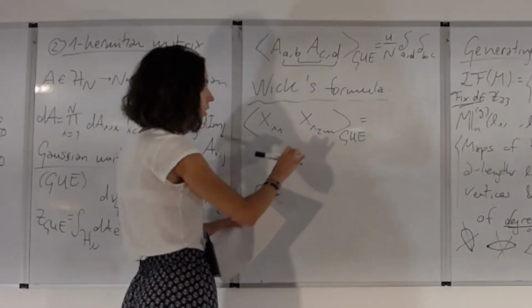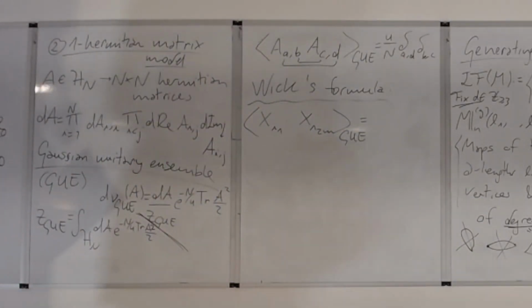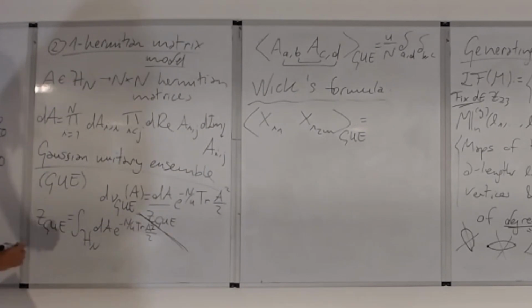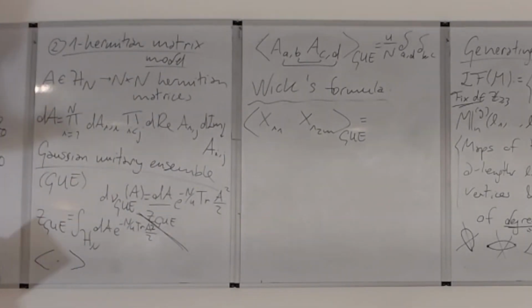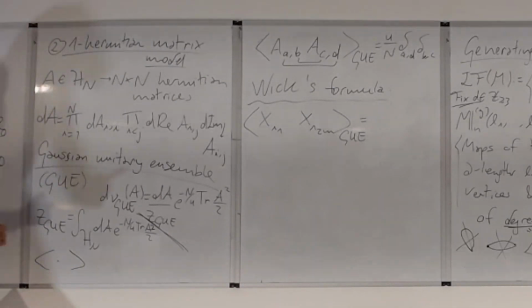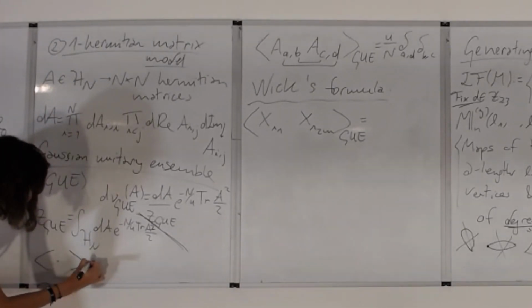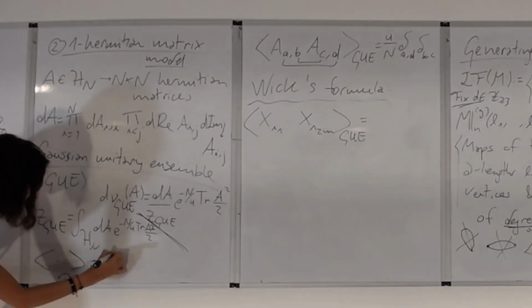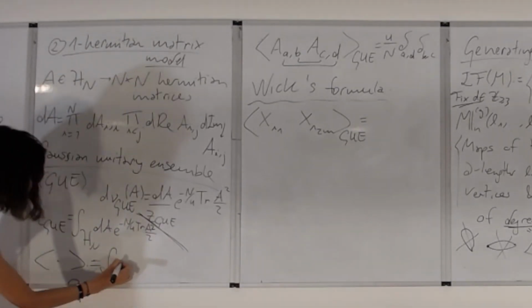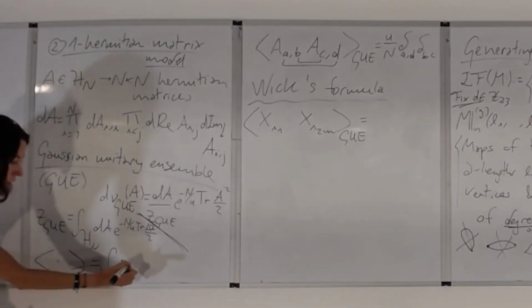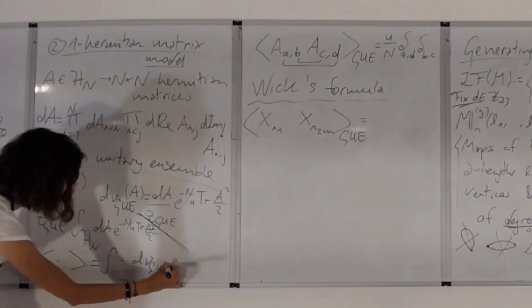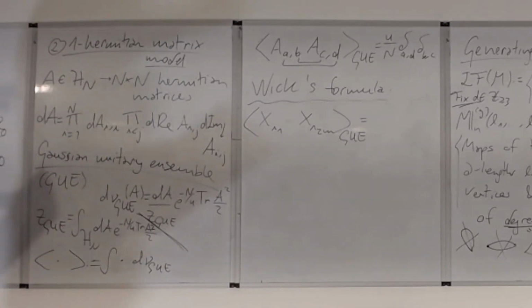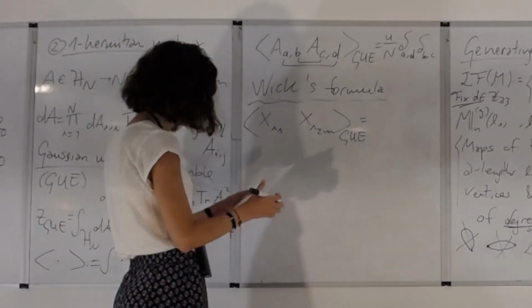I'm not saying what I mean by this. So when I put this angle bracket, I just mean that this is the integral of whatever is in here against the Lebesgue measure of GUE. Okay, so this is what I mean by these brackets.